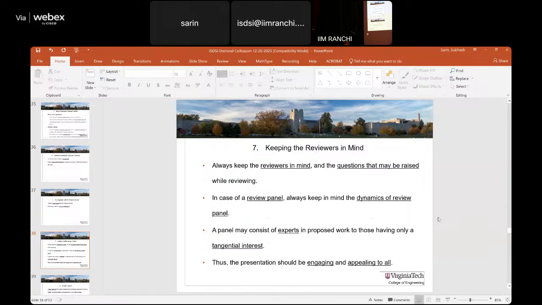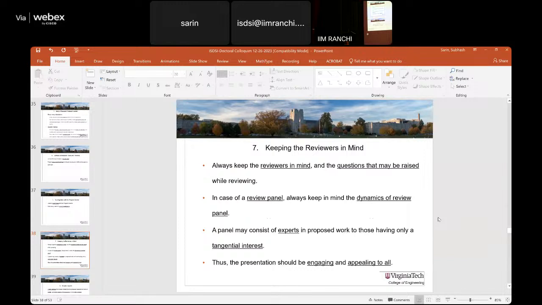And keep the reviewers in mind. That's also very important. So the questions that they may be asking after you've written the proposal. And like I said before, if you read the proposal a few weeks, a month or so after, those ideas will come to your mind already.